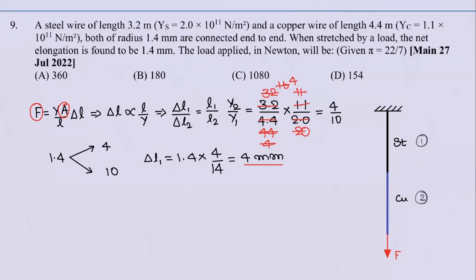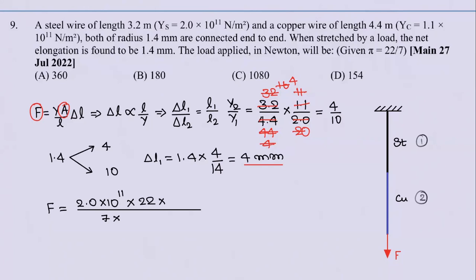So now we'll continue with it. The force they want, F is equal to Young's modulus of steel, 2.0 into 10 power 11, times area. What is area? The radius is given, pi r square. Pi is 22 by 7. Pi r square. What is r?